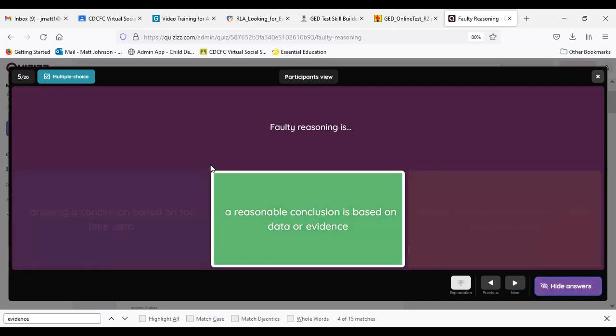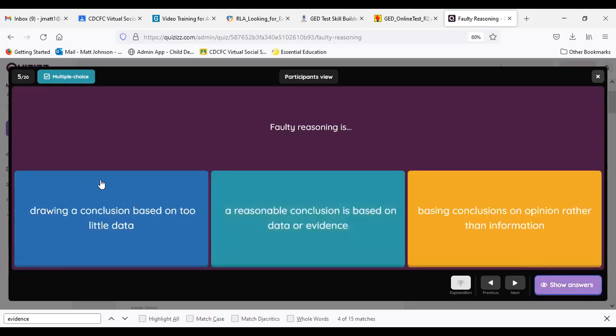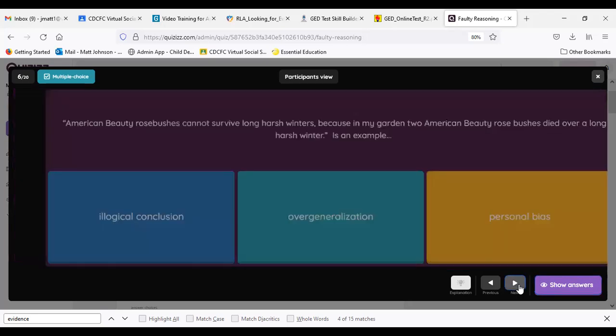Or the third one? A reasonable conclusion based on data or evidence, no, that is wrong, that one is out. Really, honestly, none of these work that well, but I would say that drawing a conclusion based on too little data could be seen as faulty reasoning. We're going to pass that one by because that's not a very good question.